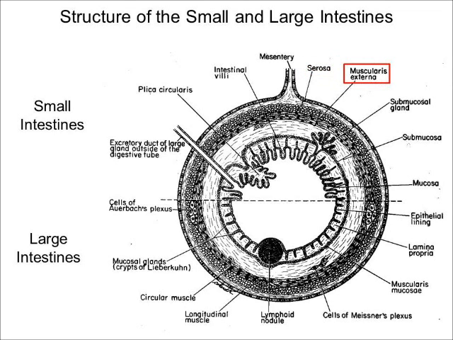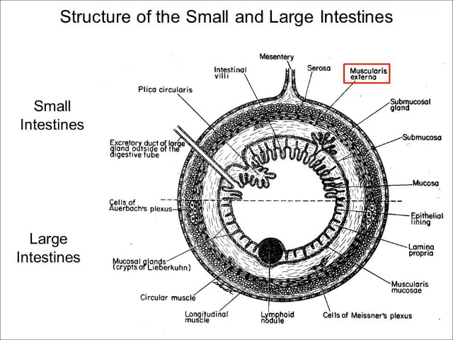The next layer is the muscularis externa. This consists of two layers of smooth muscle oriented at right angles to each other, circular and longitudinal. The coordinated contraction of these muscles is responsible for the peristaltic movement of the GI tract that propels the chyme along its length.